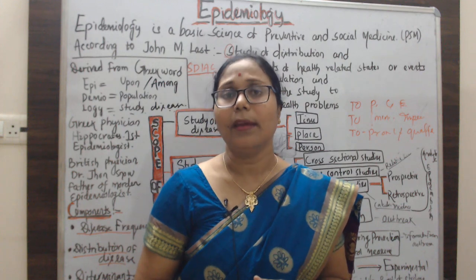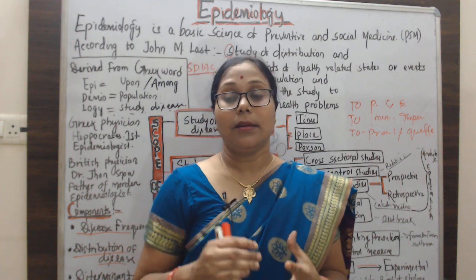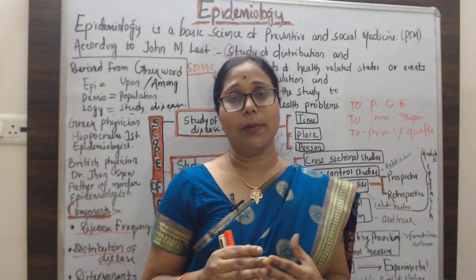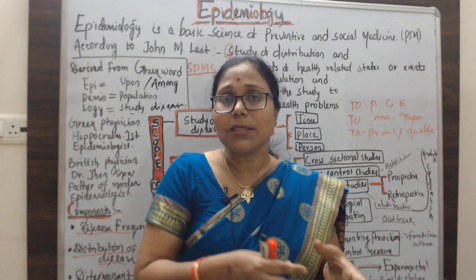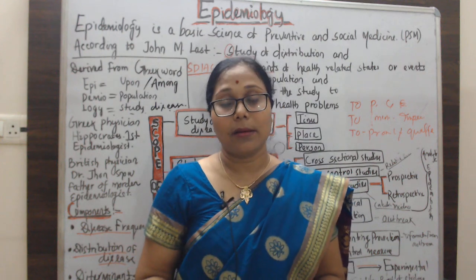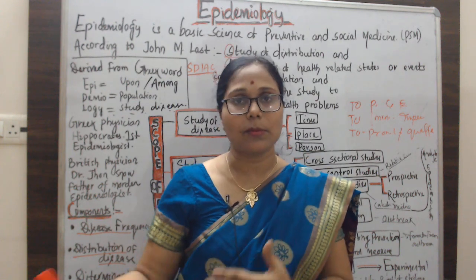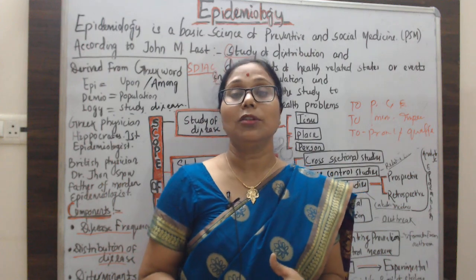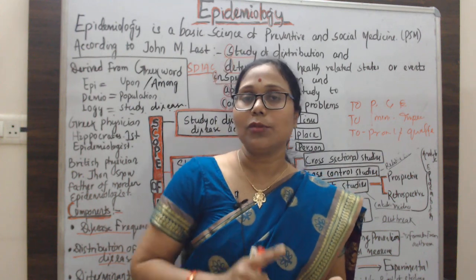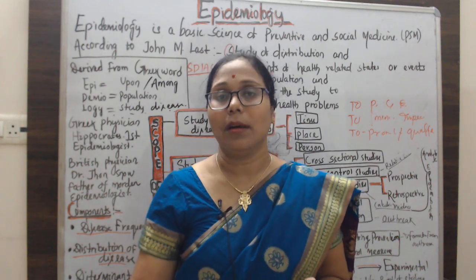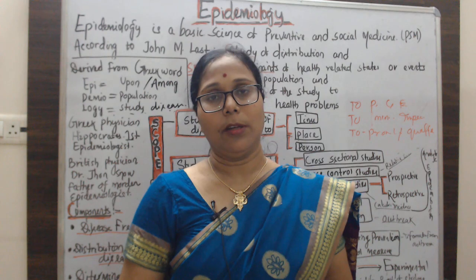He studied why these particular people were affected, in which time of the year they were affected, and where the people were more affected with cholera. He concluded that by using chlorine, the outbreak of cholera could be reduced. So he was considered the father of modern epidemiology.